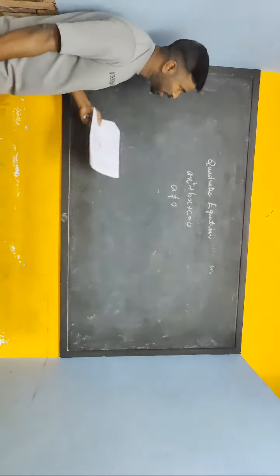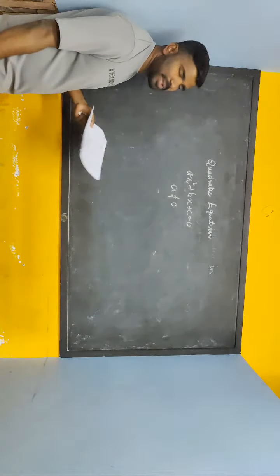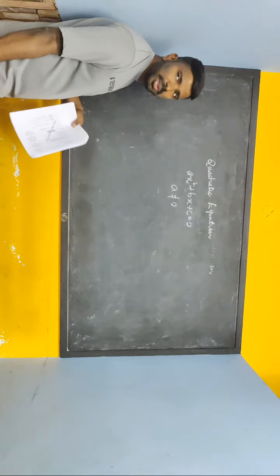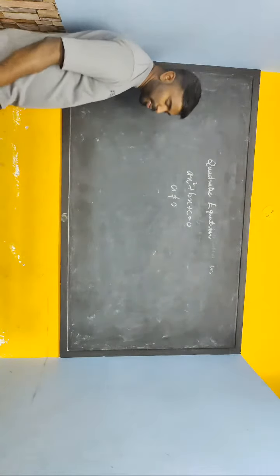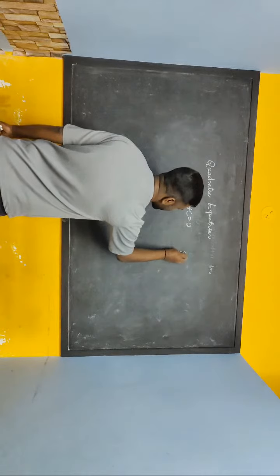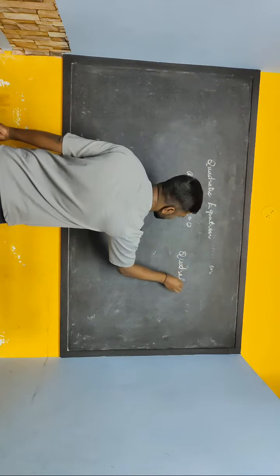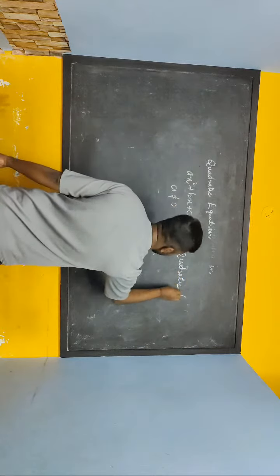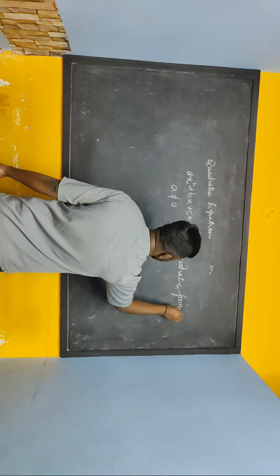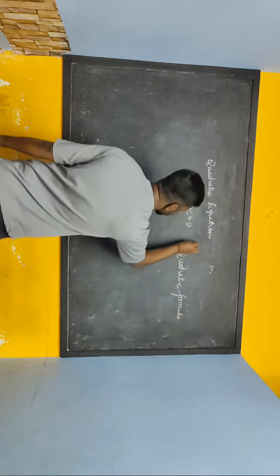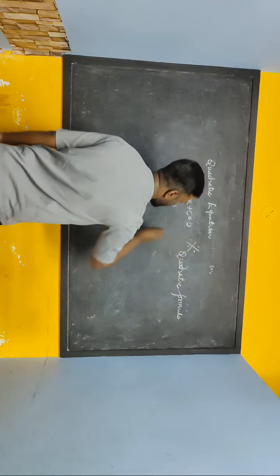And also you can solve a quadratic equation by the factorization method, completing the square method, and quadratic formula method. The quadratic formula method is a very important 2 mark question.